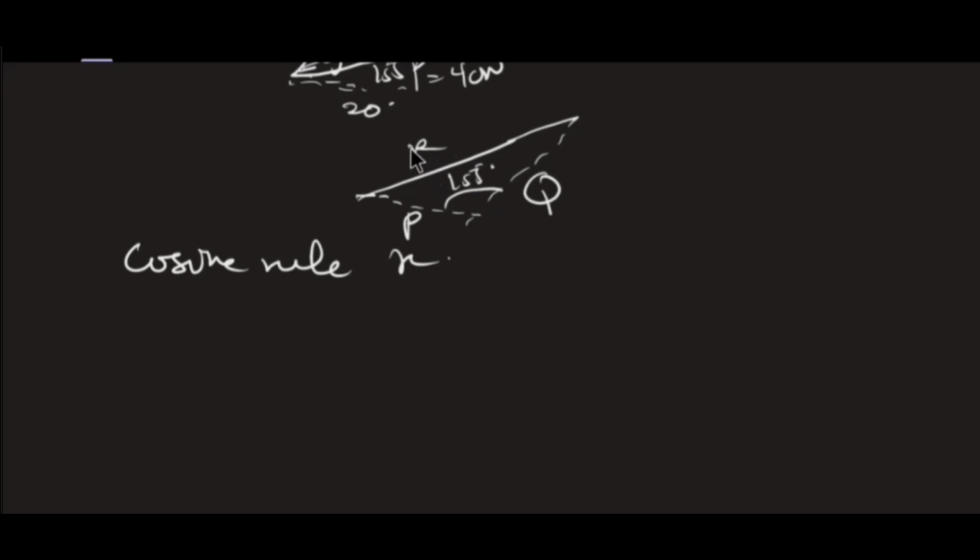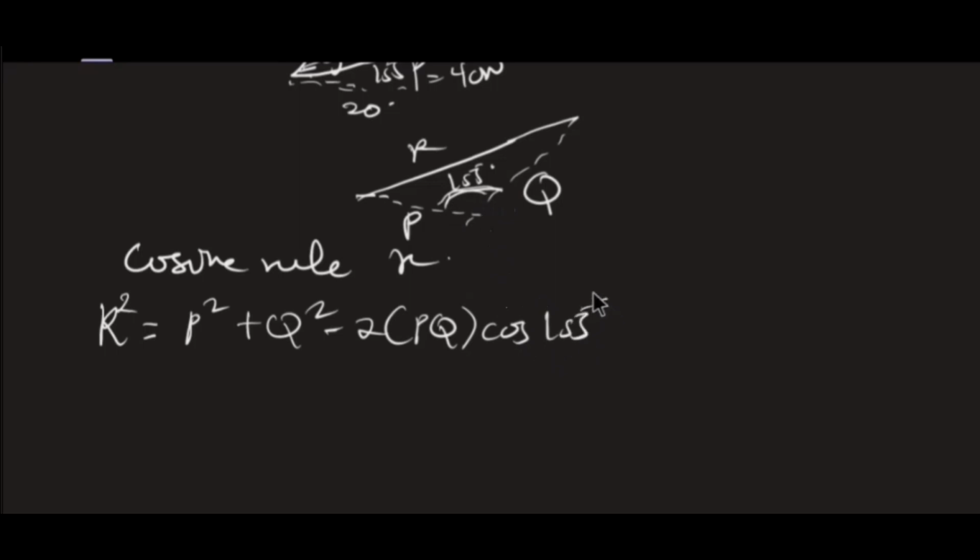So once we need R, we need the angle opposite, and we have it. So R squared is simply equal to the sum of the squares of the remaining sides minus 2PQ cos of the angle between the two of them, 155.